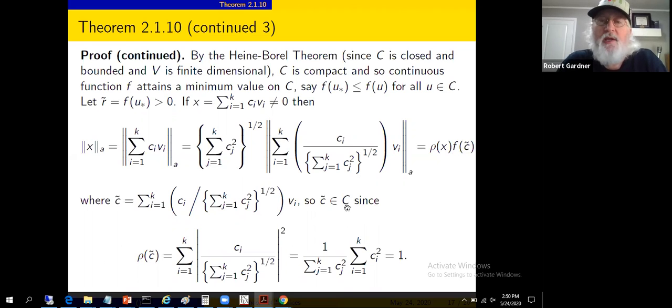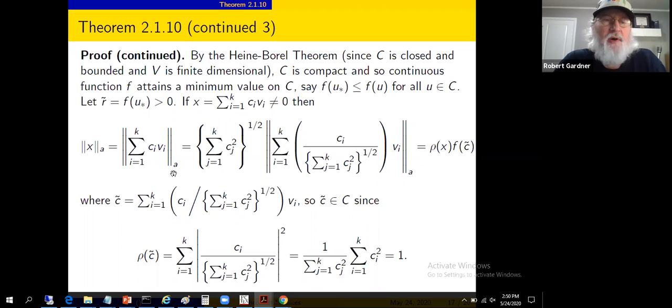Or how little could it be, I guess? Well, I know f of u star is less than or equal to f of u whenever u is in this set C. So f of u star is smaller than or equal to this, and that's what we call r tilde. So we're going to take this minimality of f of u star and get that as a lower bound.